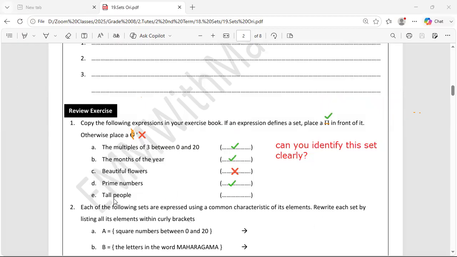So the last one: tall people. No, that's not a set. Yes, your answer is correct. Tall people, compared to which height? Can we clearly identify them?